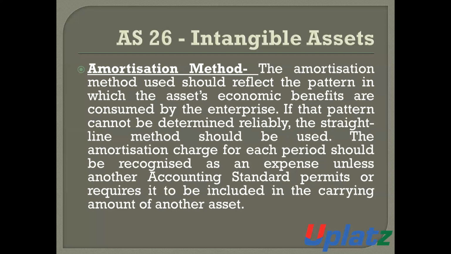According to the SLM method, we will charge the amortization over its useful life, and such amortization charges should be recognized as an expense in the statement of profit and loss account unless another accounting standard permits or requires it to be included in the carrying amount of another asset.